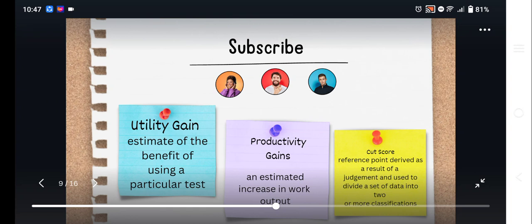Okay, the individual or the entity making the selection will differently weight the predictors being used in order to arrive at a total score. Multiple regression is the statistical technique used in this model. Okay?